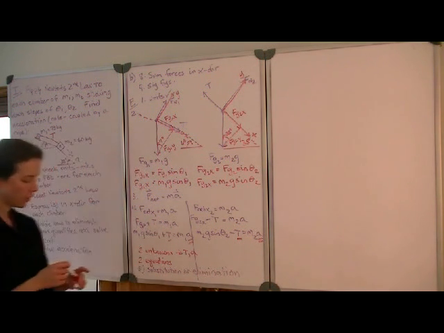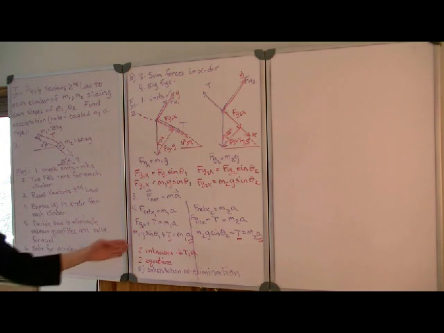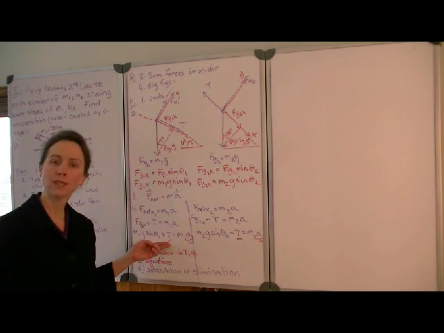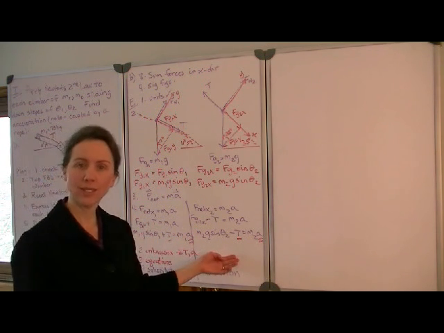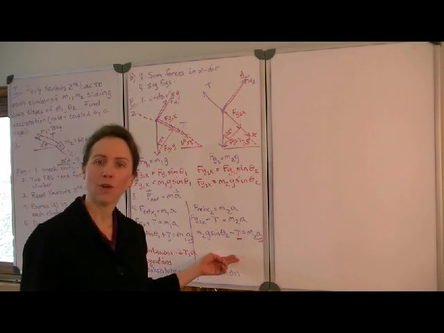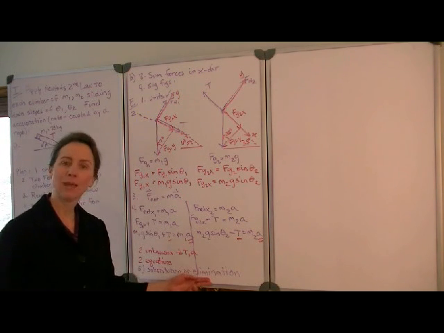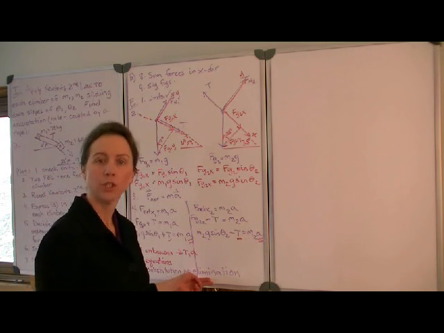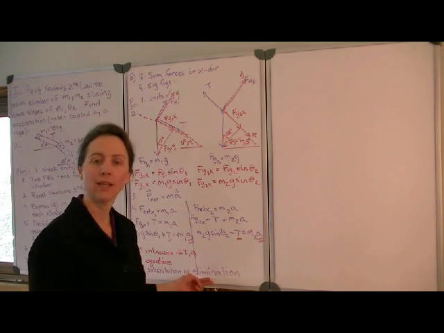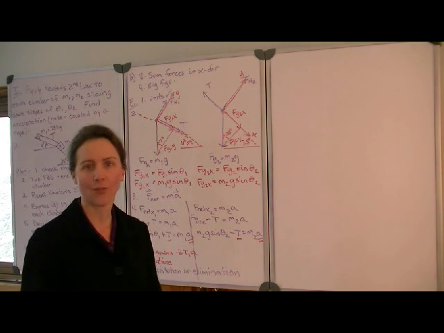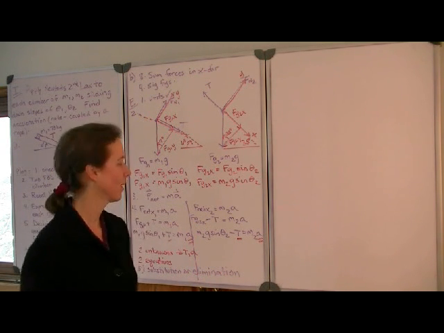If we choose the approach of substitution, that means we choose one of these equations and solve it for either the tension or acceleration, and then substitute into the second equation and solve for the remaining unknown. Elimination involves adding a multiple of one equation to the entire other equation in such a way that one of the variables is eliminated. Then you go on to solve for the remaining unknown variable.